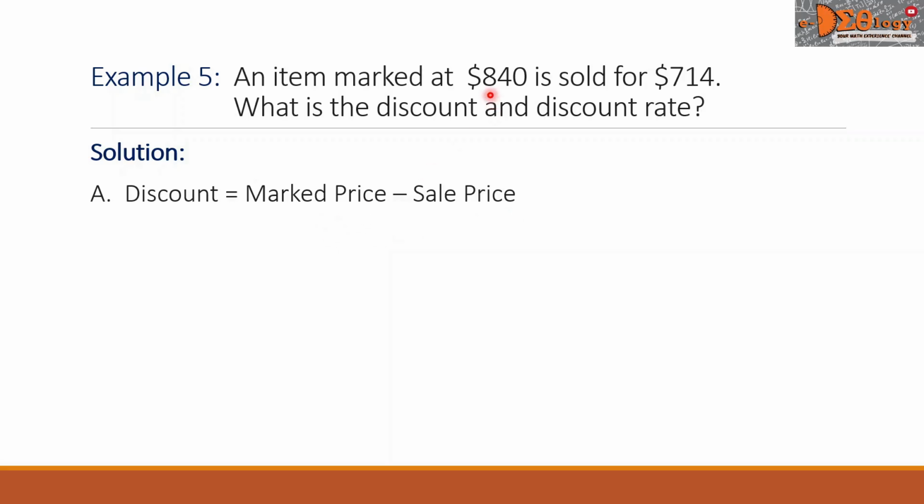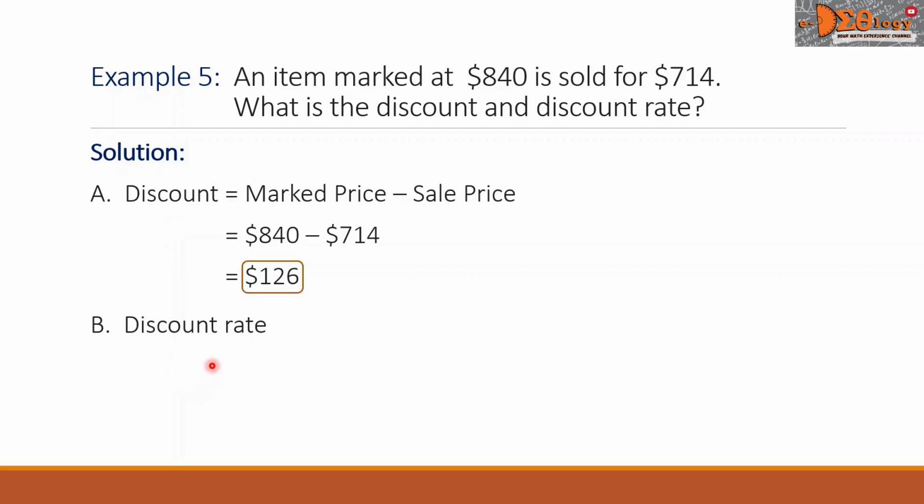The marked price is this $840, while the sale price is the $714. When we substitute, it becomes $840 minus $714, and the difference is $126. This is the discount.